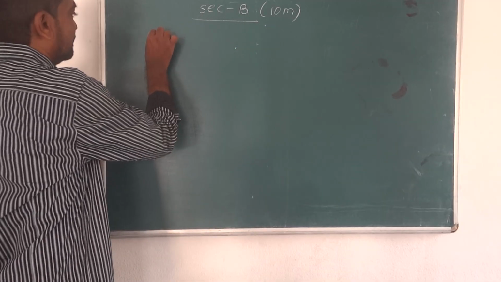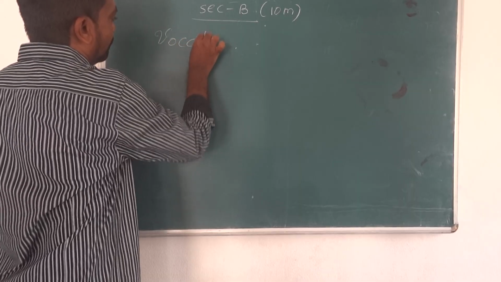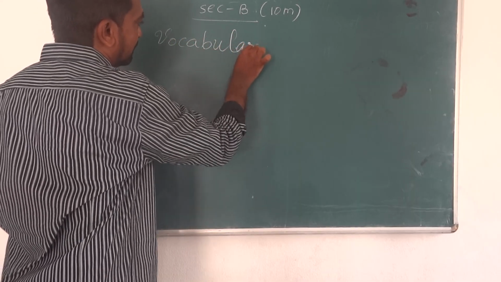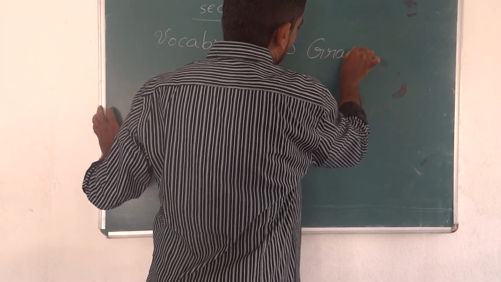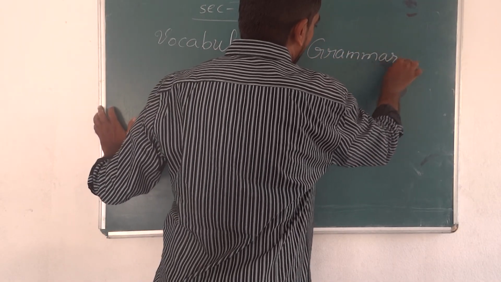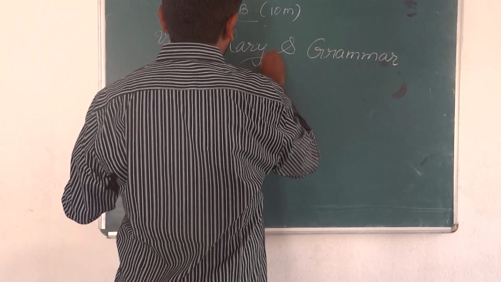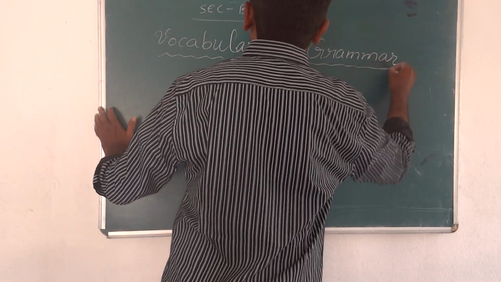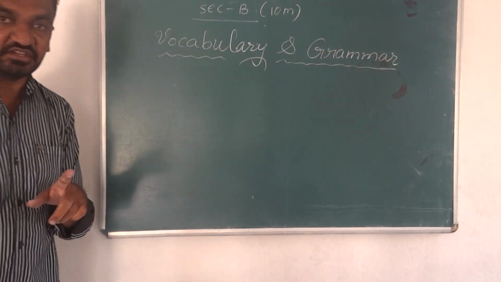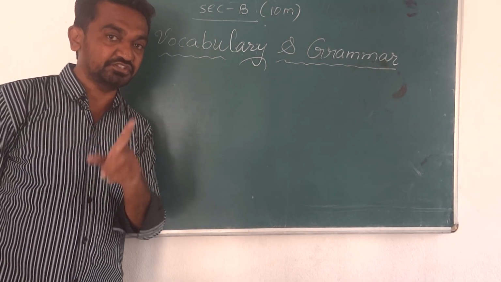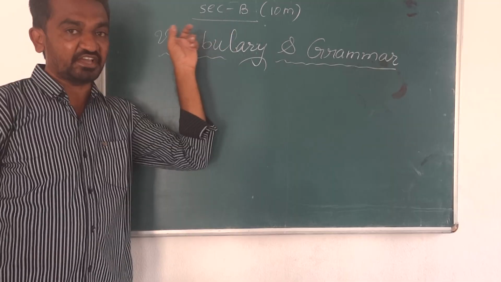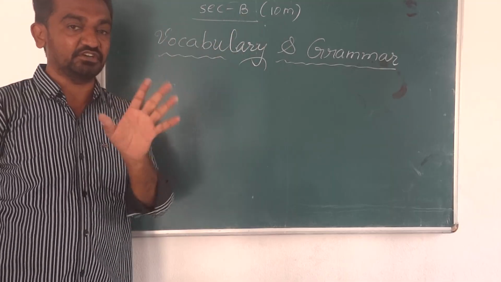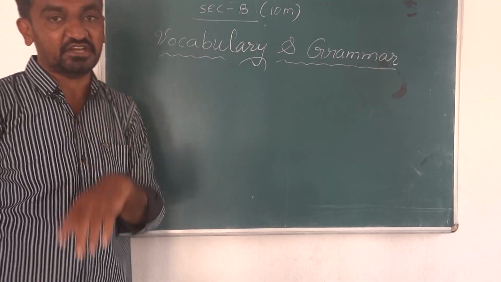Section B is called vocabulary and grammar. Section A is called comprehension passages. Section A carries 15 marks, Section B carries 10 marks. Let us see how these 10 marks are divided.